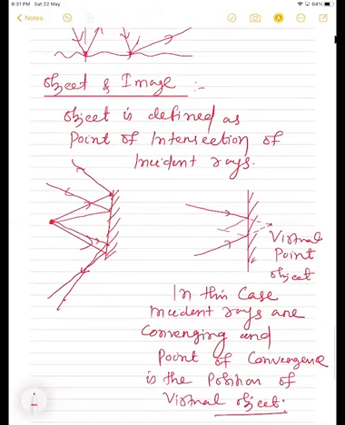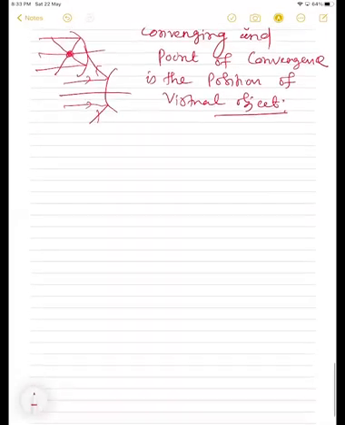Just note it, get a brief idea about, let's get image, okay, right?